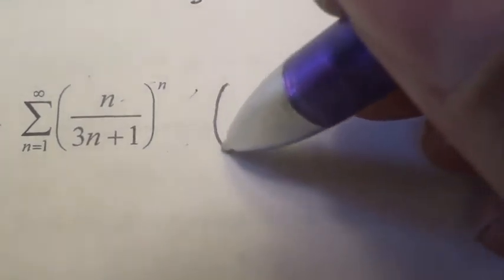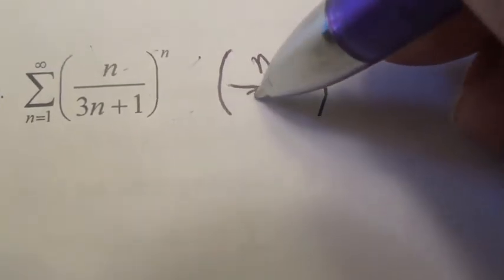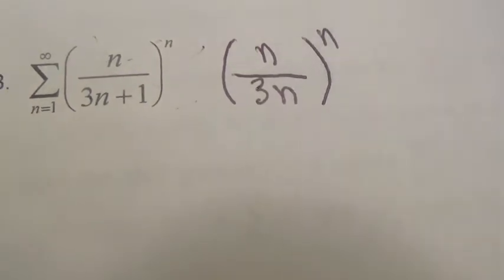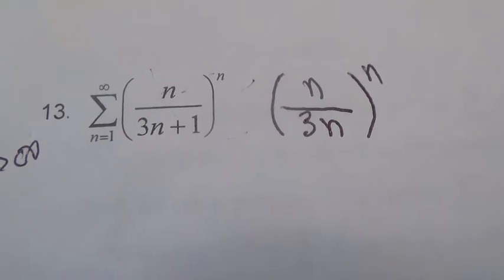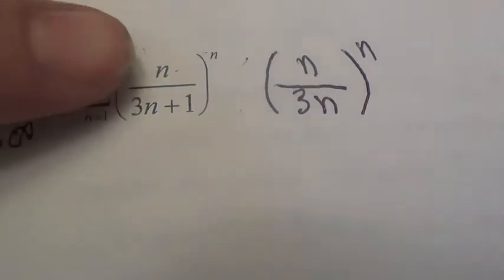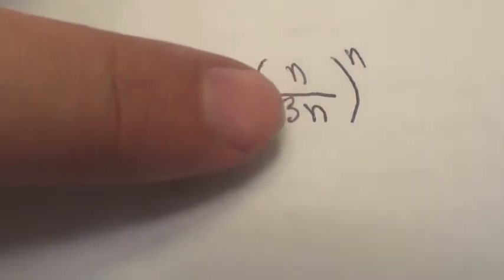So what we're going to compare it to over here, the n stays the same on top. We're going to drop out that positive 1, make that a 3n, and then we're still raised to the nth power. Now, think about what this is saying. Your numerators are the same, n and n. Your denominators are very, very similar.